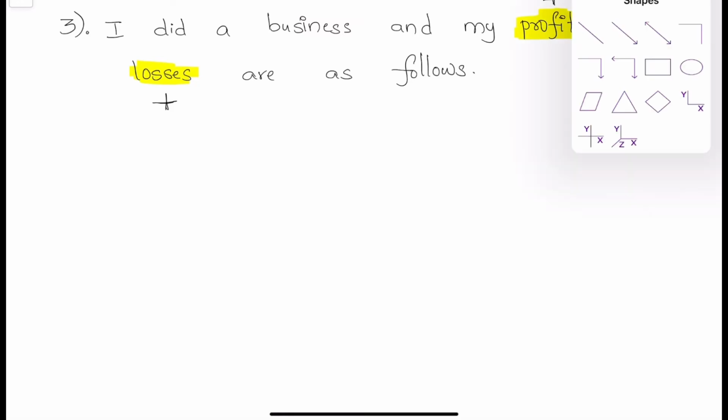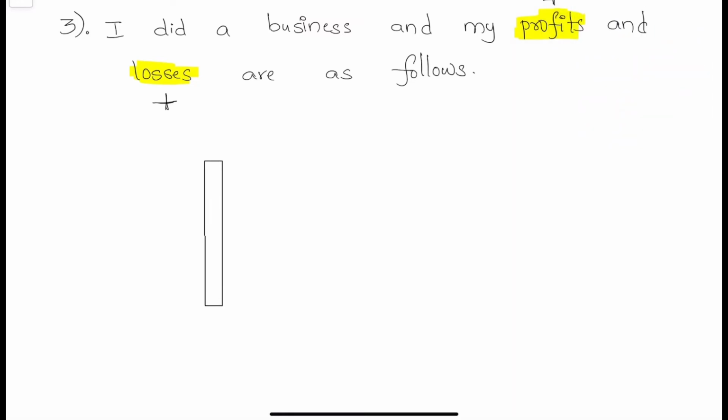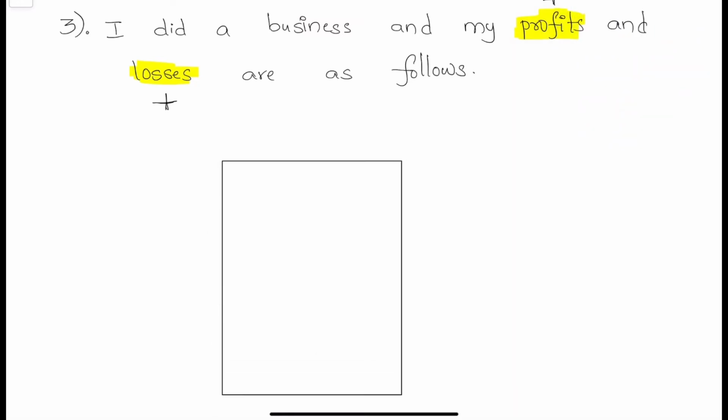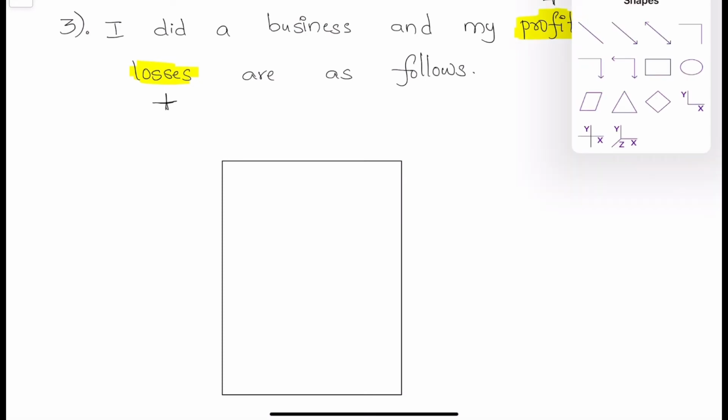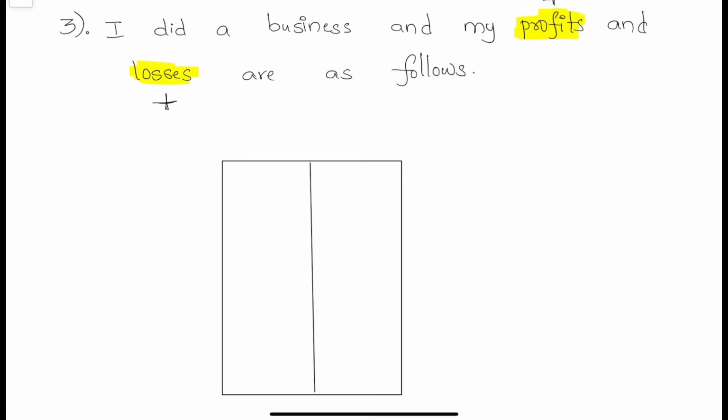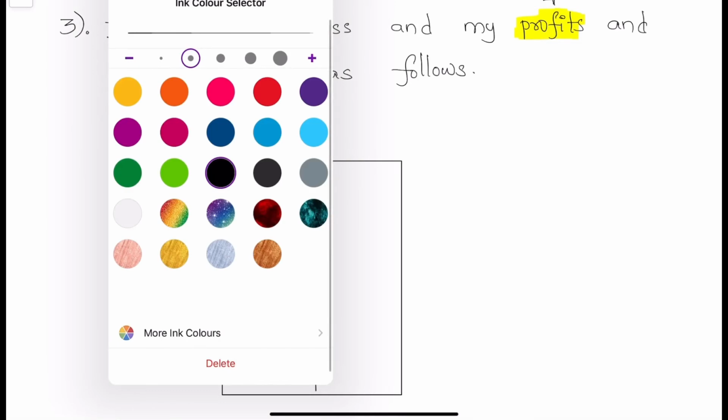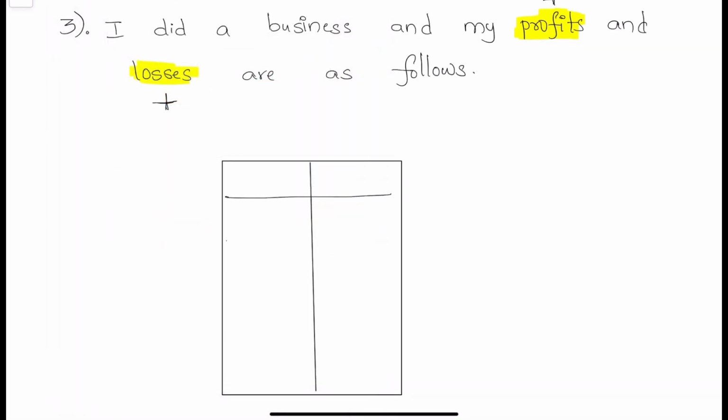And the table is like this. I'm writing this question in front of you to make you understand. If not, I would have already printed this. Right. Now, so year one, I got 2,500 profit.